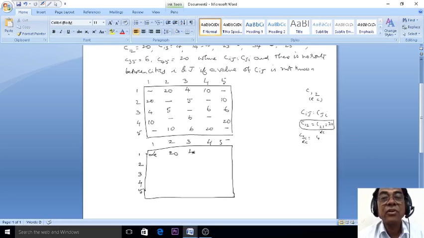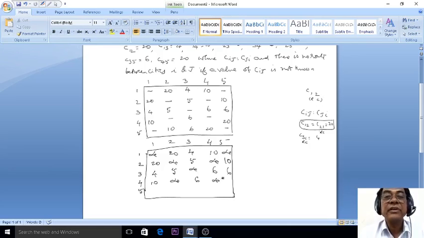The first row is infinity, 20, 4, 10, infinity. The second row is 20, infinity, 5, infinity, 10. The third row is 4, 5, infinity, 6, 6. The fourth row is 10, infinity, 6, infinity, 20. The fifth row is infinity, 10, 6, 20, infinity.